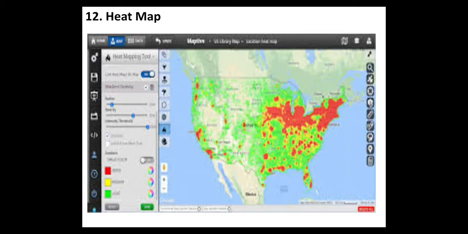Then the next one, heat map. A heat map shows the relationship between two items and provides rating information such as high to low or poor to excellent. The rating information is shown in the form of varying colors, and might be saturation.